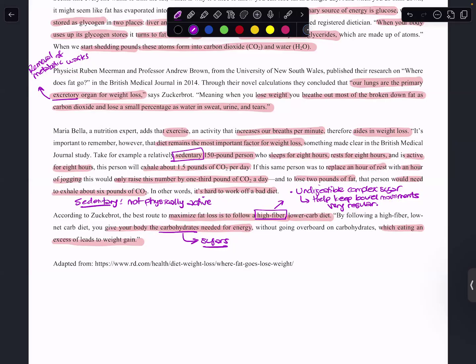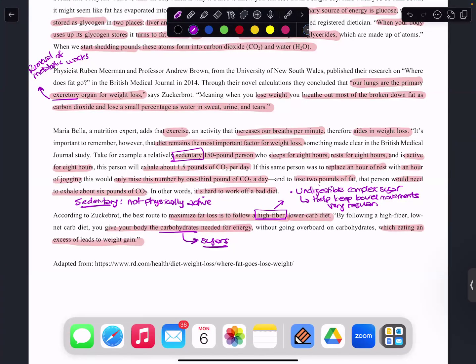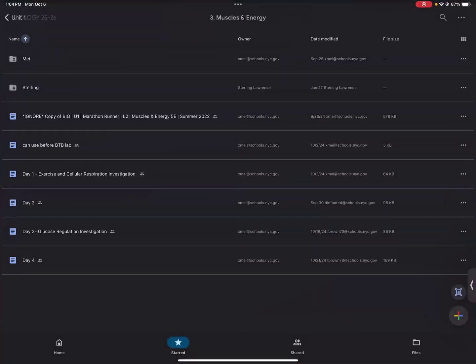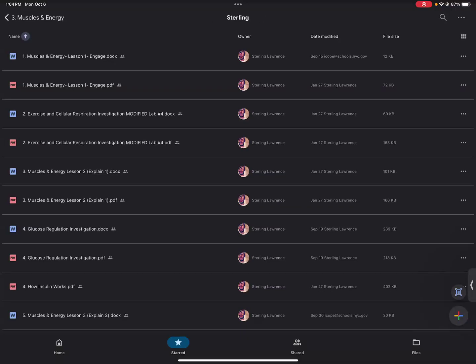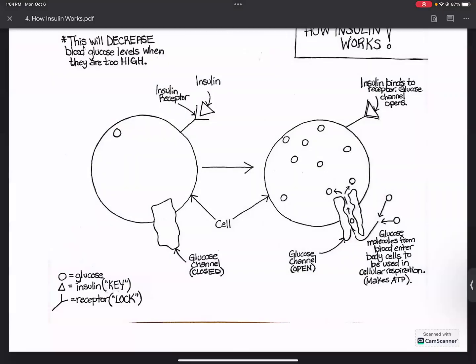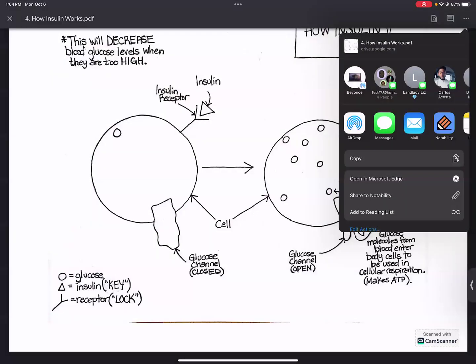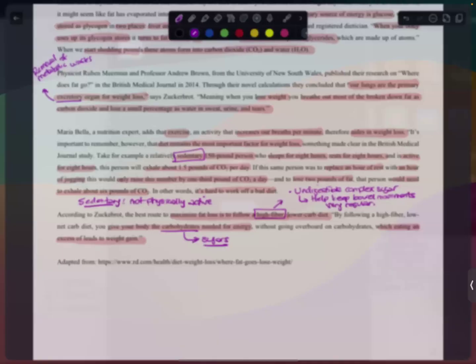And before we actually go, I'm going to briefly just go over how insulin works. Okay. Sorry, bear with me.